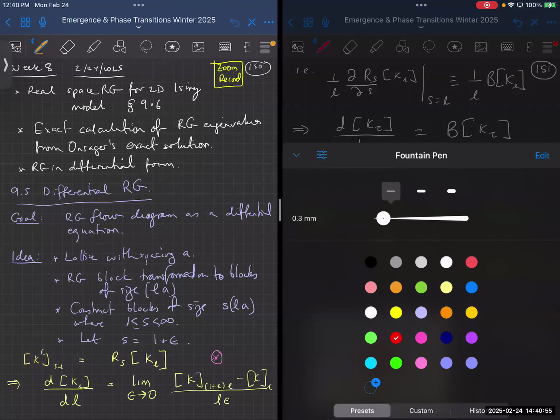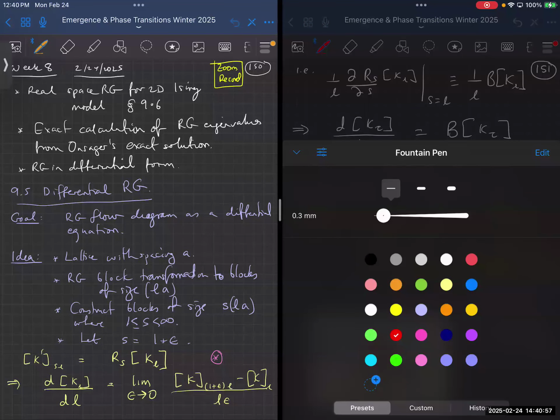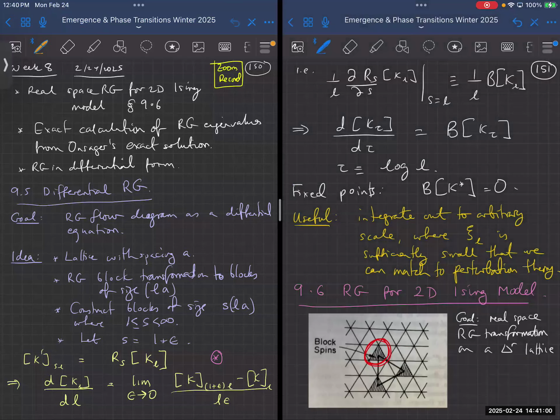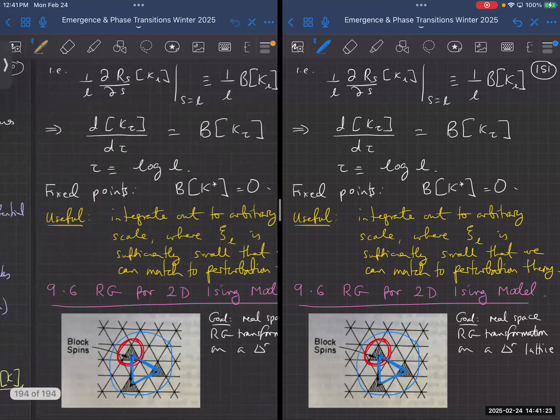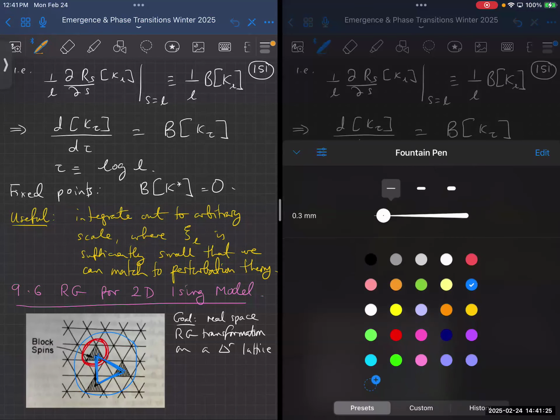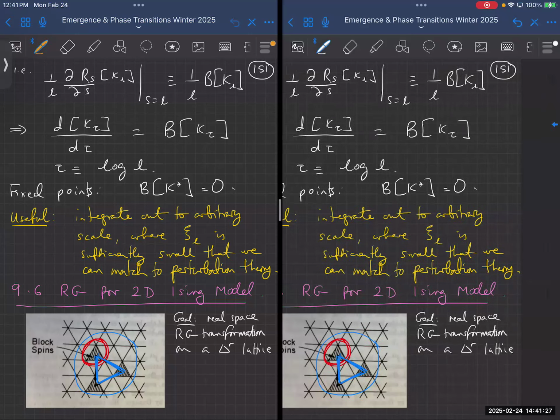Then the next block is going to be taking these block spins and putting them together, and so on and so forth. It's very easy for us to construct these block spins in the way that I'm showing you in this picture. So refer to this picture if you want a guideline for what it is that we're actually doing.